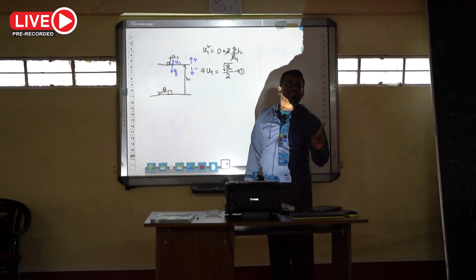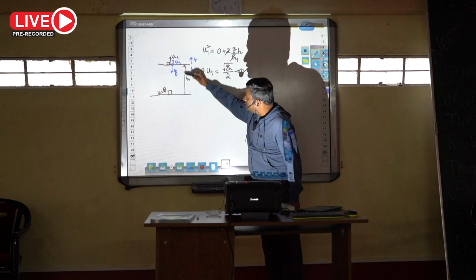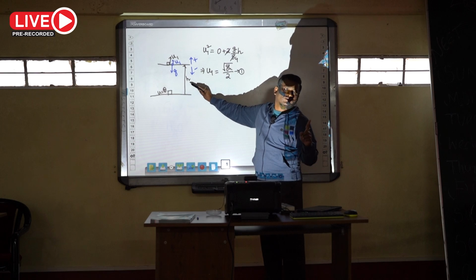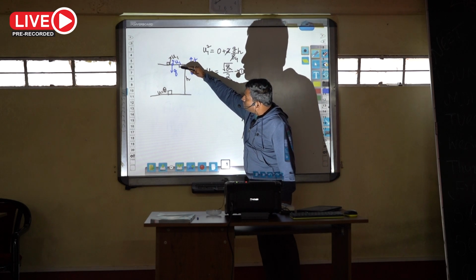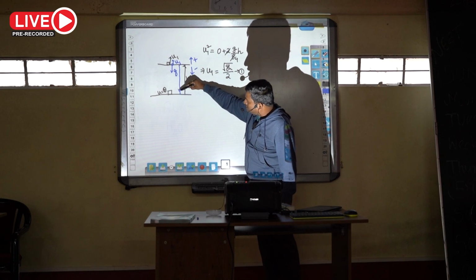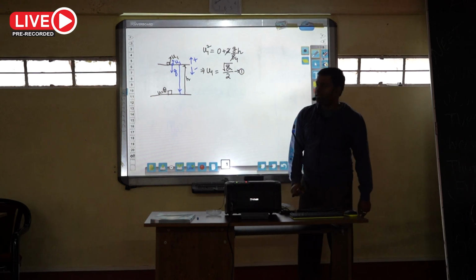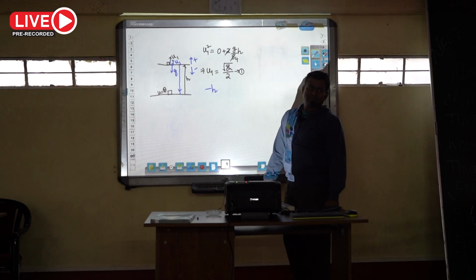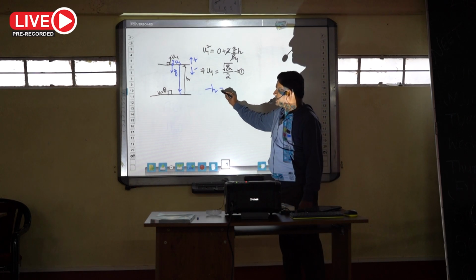S is the displacement of the stone to reach the ground. So when the stone reaches the ground, what will be its displacement? H, but that should be minus, because now you are measuring from the reference point of the stone. So this is the initial position of the stone, this is the final, and it is in the downward direction. So you have to put minus h for the displacement. Okay, you have to consider them as vectors.